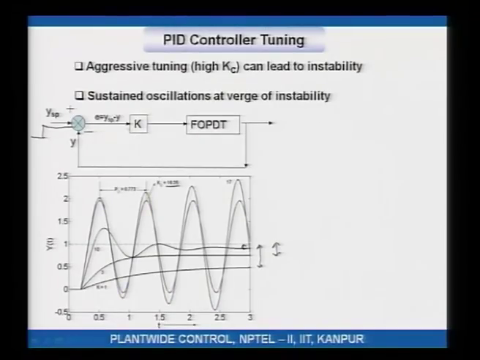So, what I am seeing here is, as I am increasing the controller gain, for a step change in the set point, at low controller gains I got a stable response, in the sense that my output moved from wherever it was towards the new set point. Of course, some offset remained. As I kept on increasing the gain, the offset reduced.